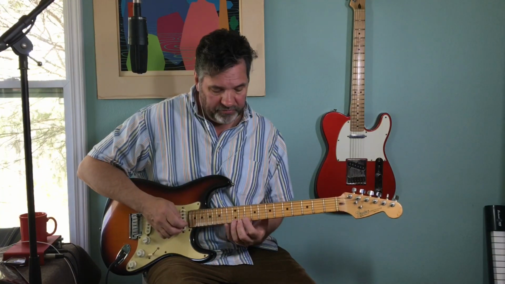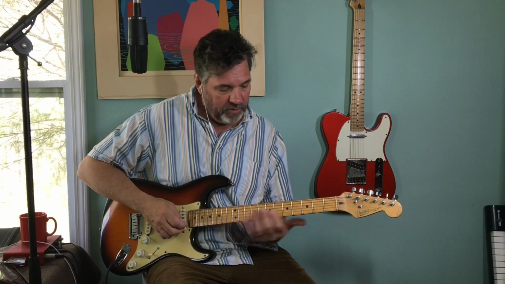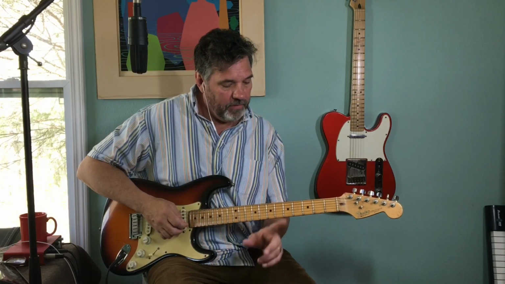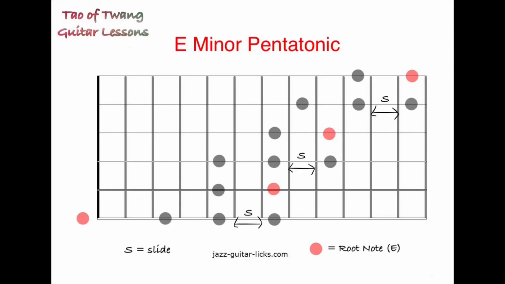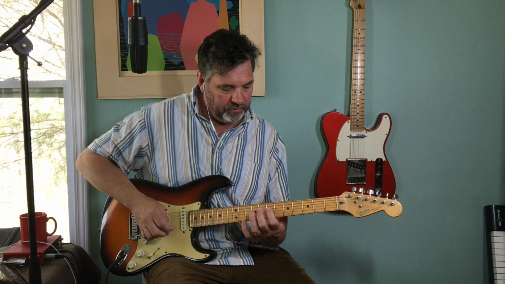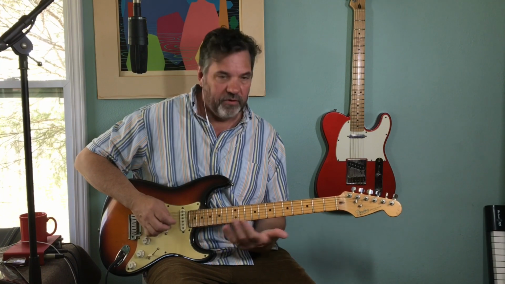Play it anywhere else that you're familiar with. This slide right here shows this path that goes from the bottom E all the way up to that one and takes you through several positions. So it's just a good mobility thing where it crosses through all the different shapes.